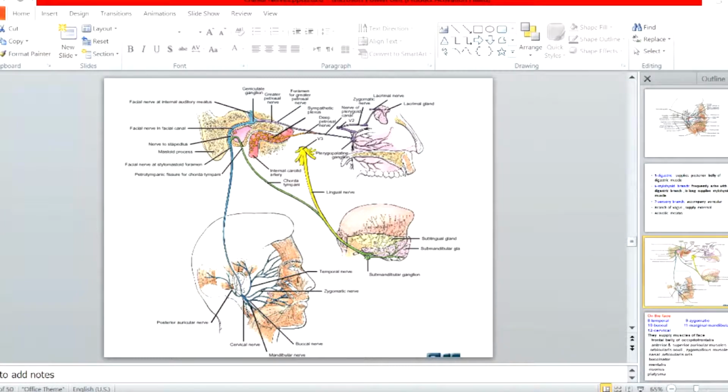This is the carotid canal, which contains the internal carotid artery with the sympathetic plexus surrounding it, and this is the middle ear cavity, which all lies within petrous part of temporal bone. This is the mastoid process.